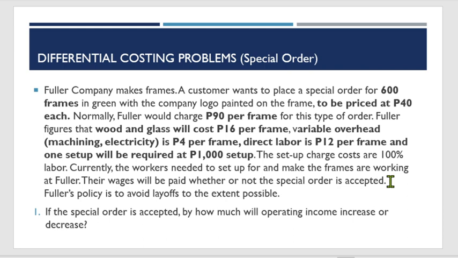So, isasama ba natin itong item na ito, yung 12? The answer is no. Bakit hindi isasama? Because it is a future cost but it does not vary between alternatives. Di ba ang sabi natin, relevant cost lang kapag future and it vary between alternatives.